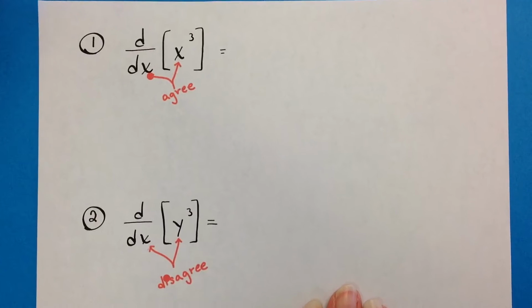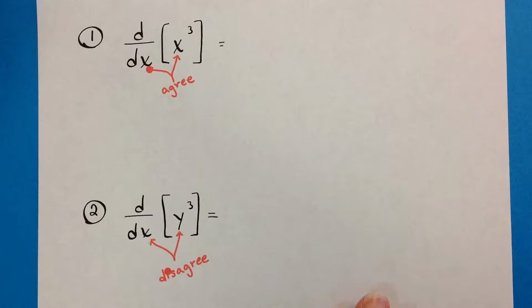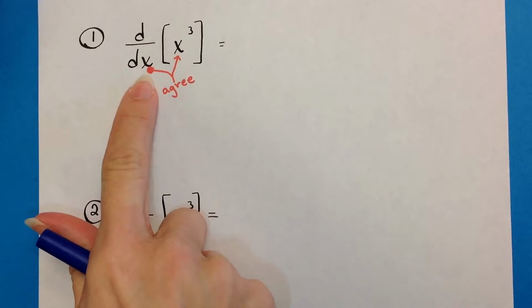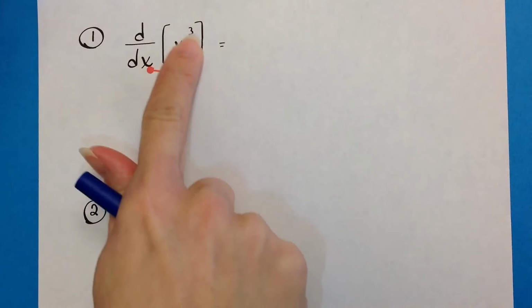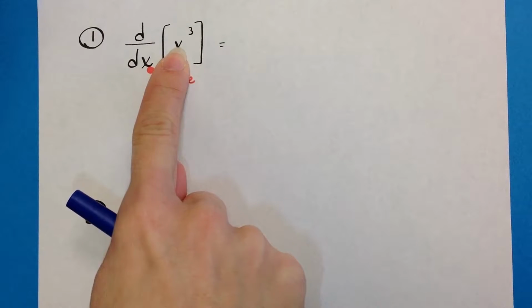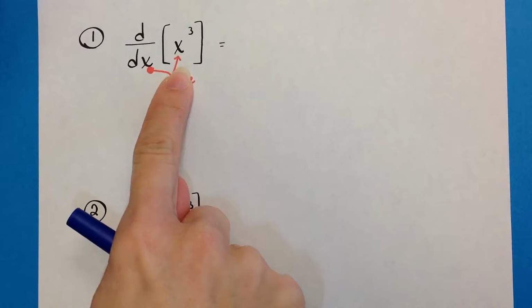Okay, so first example, you're asked to take the derivative with respect to x of x cubed. As I've pointed out here, you're asked to take the derivative with respect to x, and the term that you are asked to take the derivative of is only in terms of x.